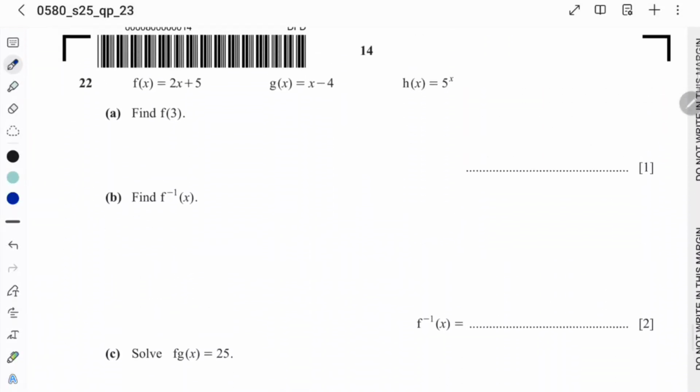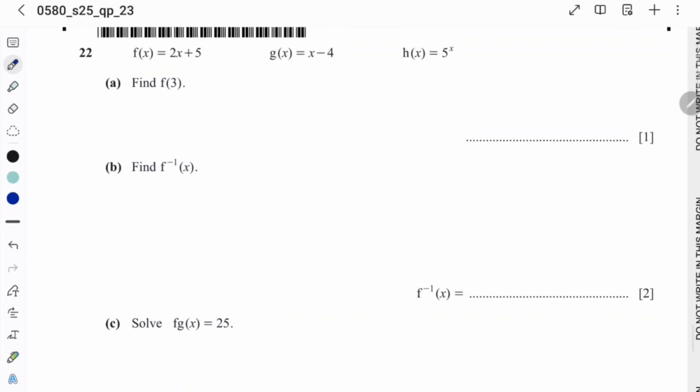Question number 22, the function question. In this question, f of x equals 2x plus 5, g of x equals x minus 4, h of x equals 5 to the power x.